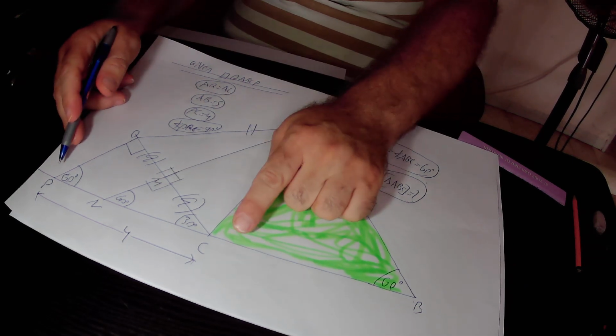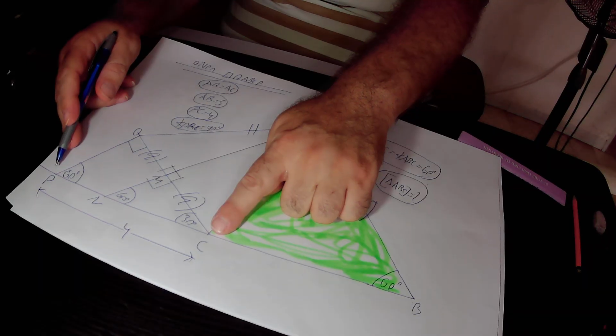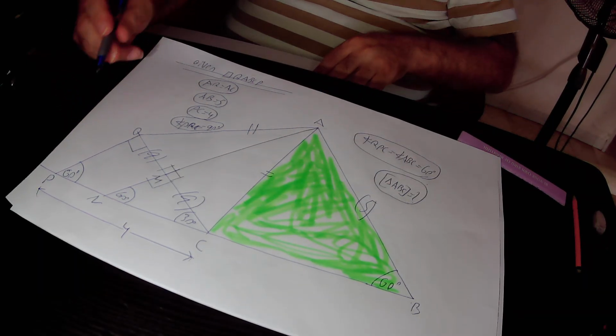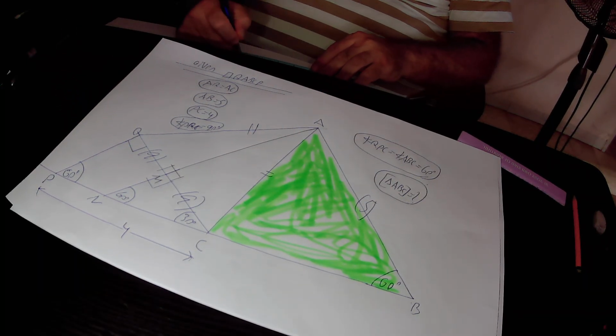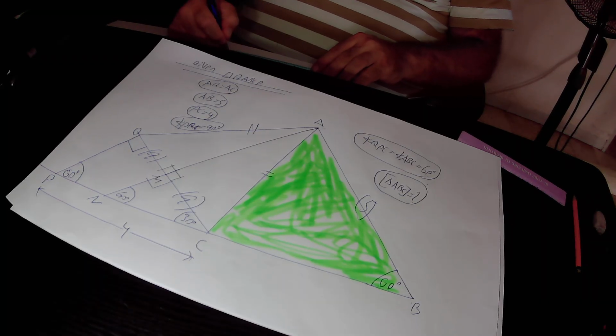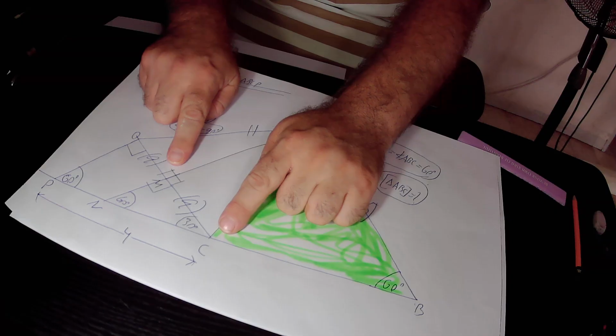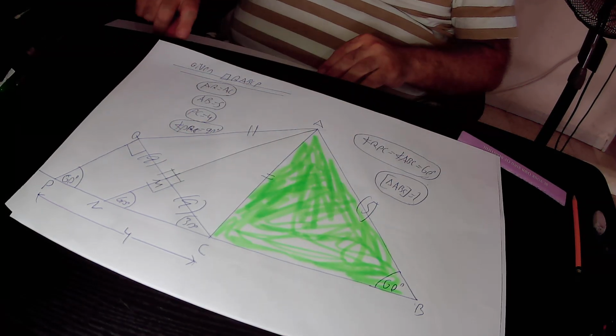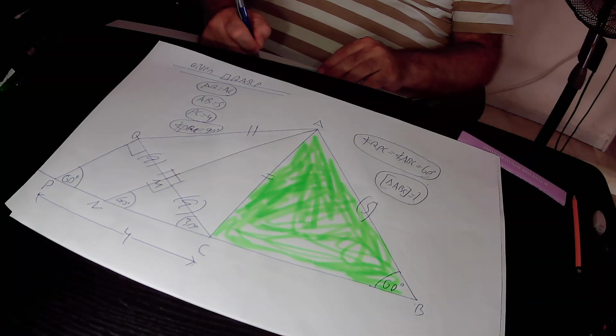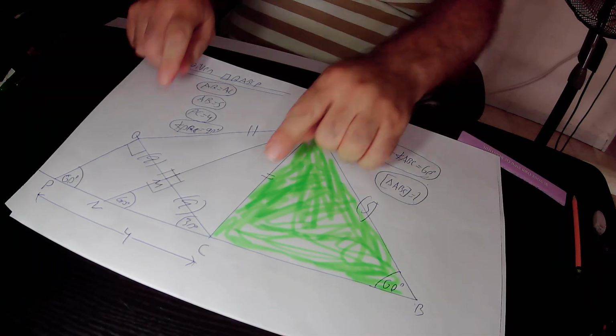Over PC. PC equals 4 units in its length according to what is given in the question. And it is equal to MC. MC equals a units in its length according to our definition. Over QC.